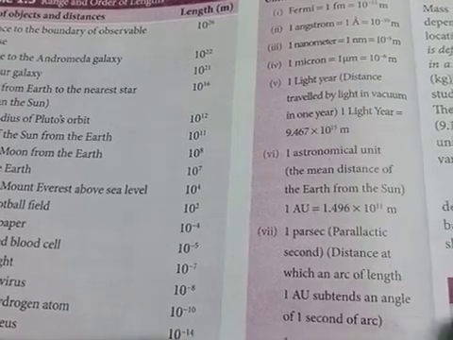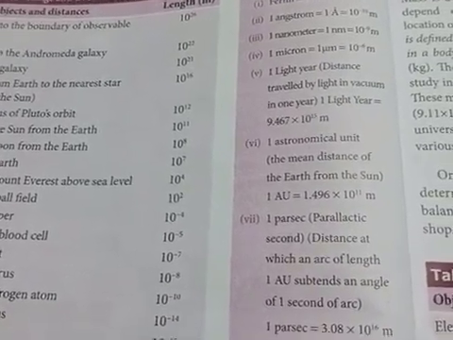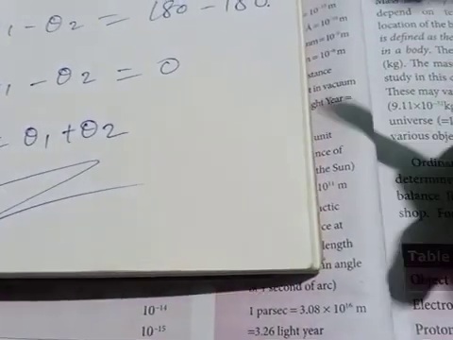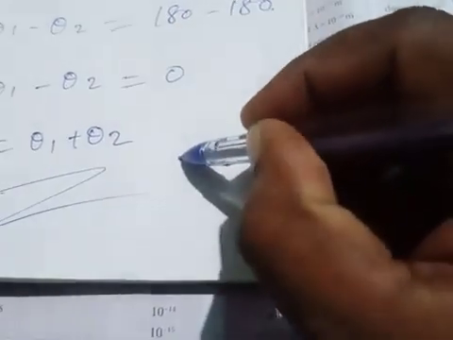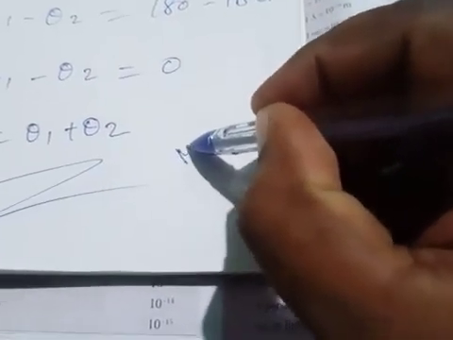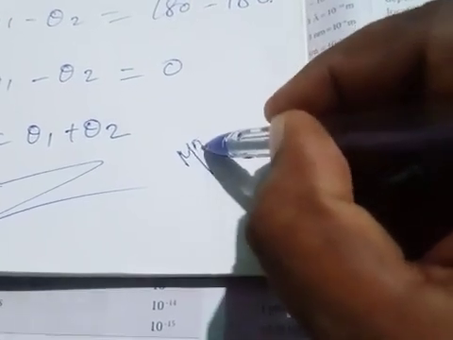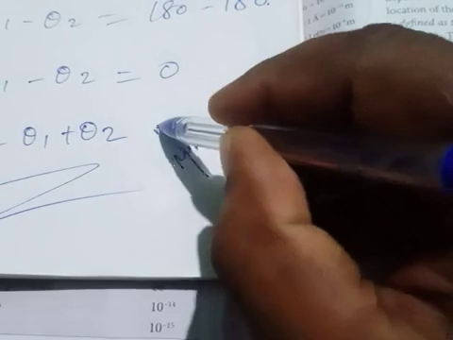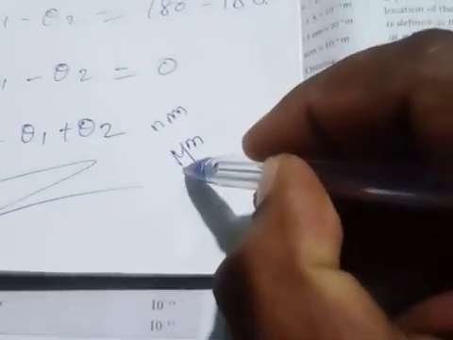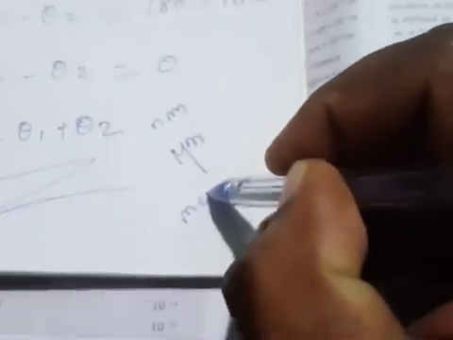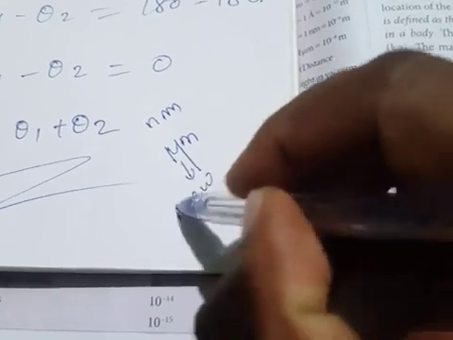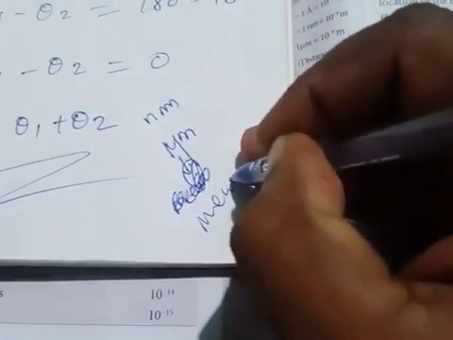This symbol is known as mu. You have to know how to write this symbol. It is very important. Micrometer is mu, nanometer is nm. So mu, this symbol you can pronounce.